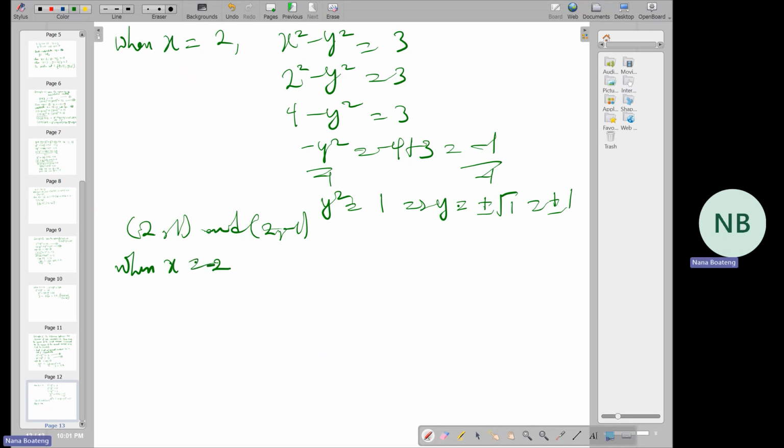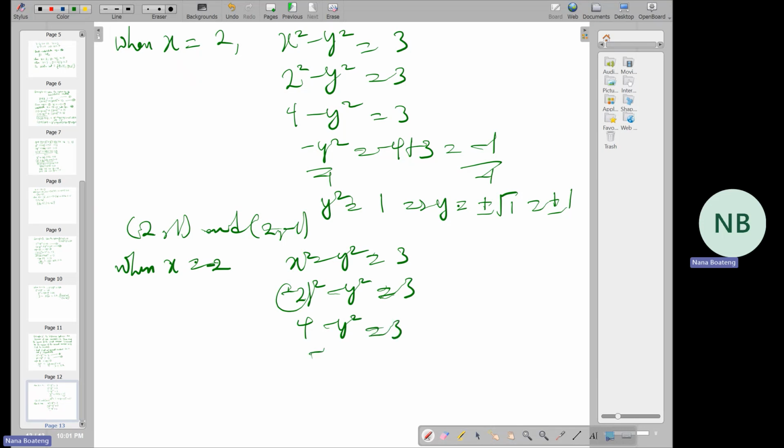And when x is equal to negative 2, we have x squared minus y squared is equal to 3 again. So we have negative 2 squared minus y squared is equal to 3. Negative 2 squared is 4, so 4 minus y squared is equal to 3.